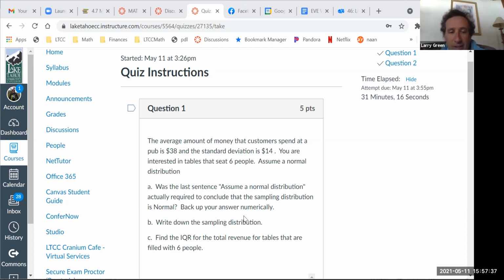Over 30 is okay. You don't need to assume a normal distribution. And 30 or less, you need to assume a normal distribution. So that's our rule for the class. Does that make sense? So instead of under 30, you could say 30 or less. That's fine. It's another way of saying it.